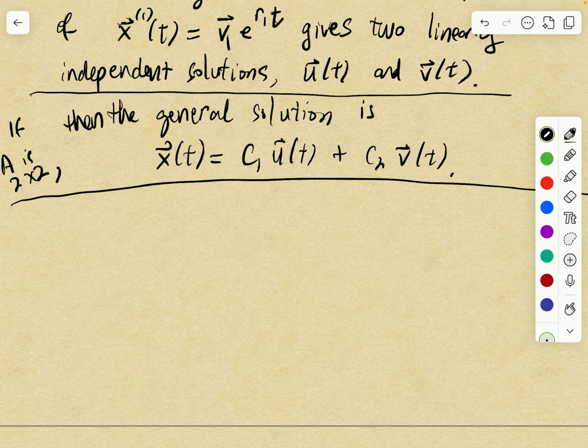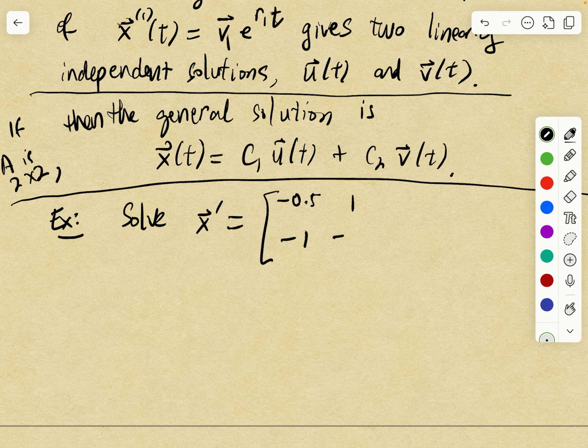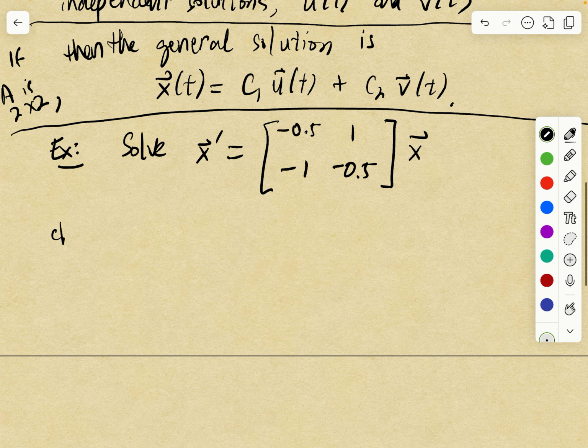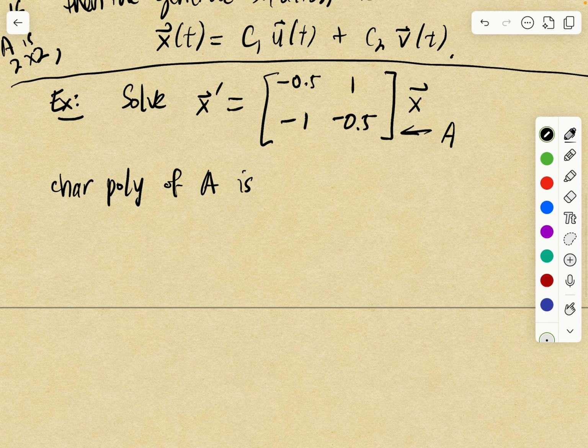So here's an example. Let's say you wanted to solve x prime equals the matrix with rows negative 0.5, 1 and negative 1, negative 0.5, times x. This is an example in Boyce and DiPrima. So first we need to find the characteristic polynomial. Let's call this matrix A. For a 2 by 2 matrix, remember that we have a simple formula.